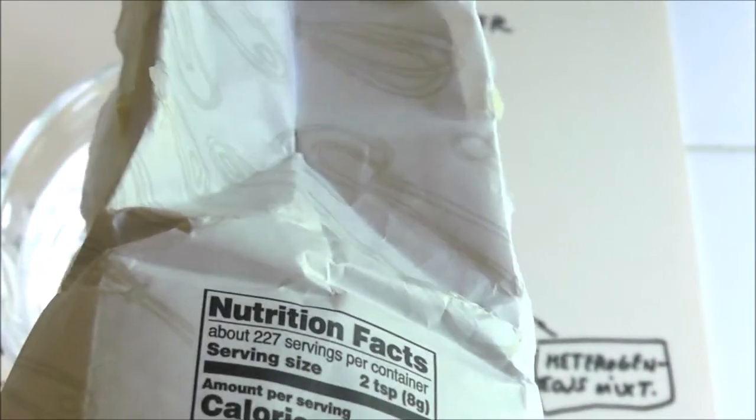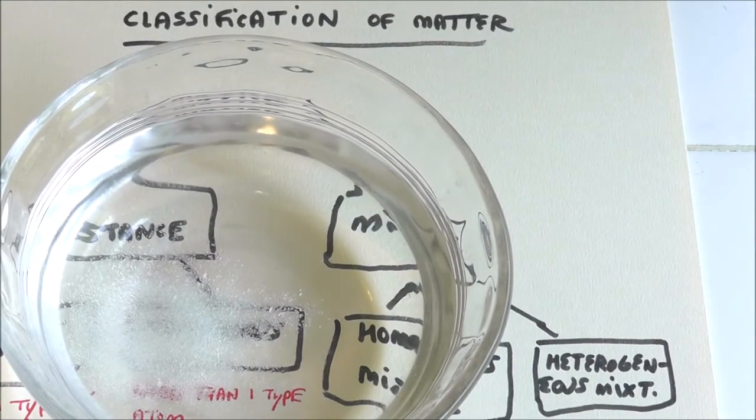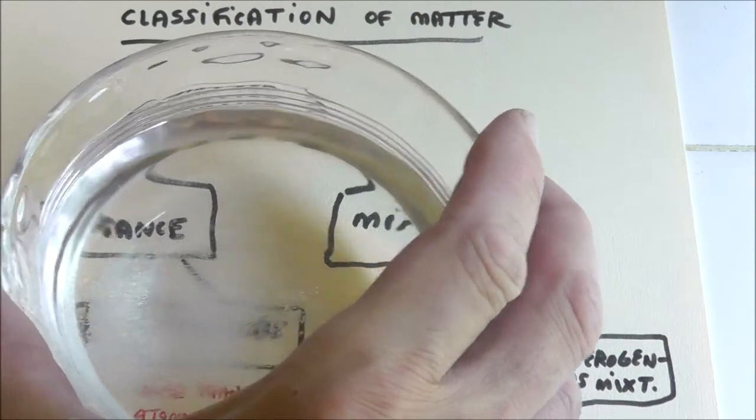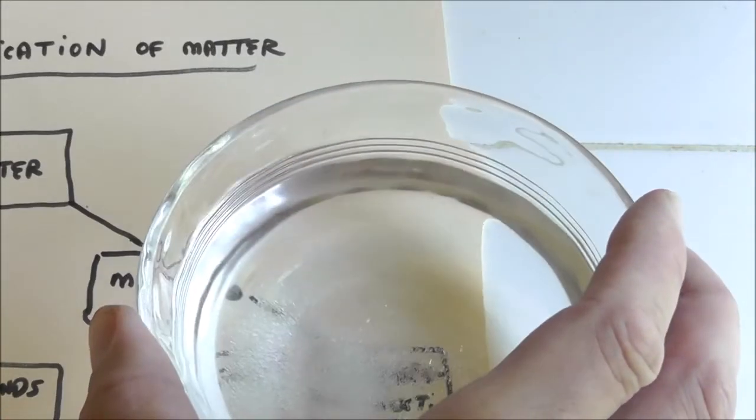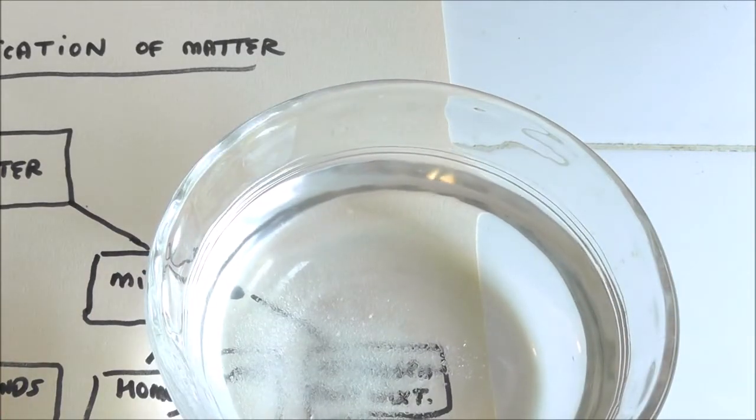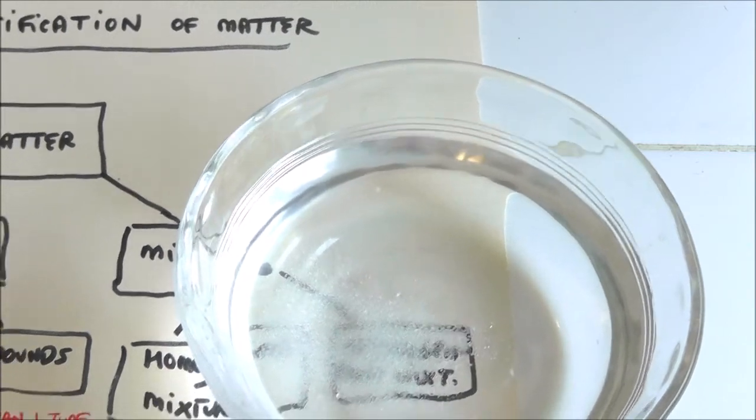And then I'm going to take a smidge and spoon of sugar and carefully add it to the water. Right now you'd say, hey, that's in two phases because all the solid went to the bottom. And so that is a heterogeneous mixture.